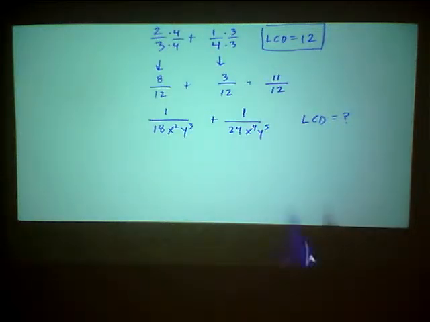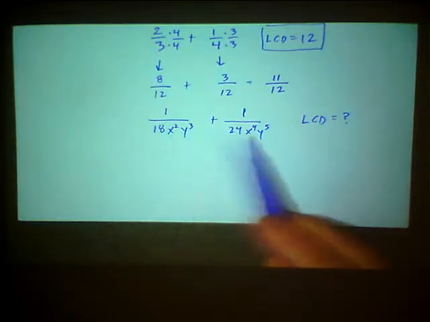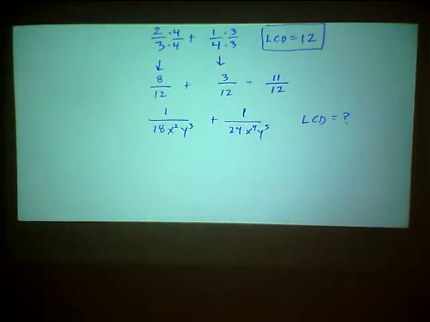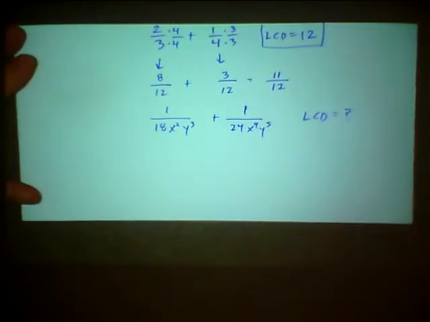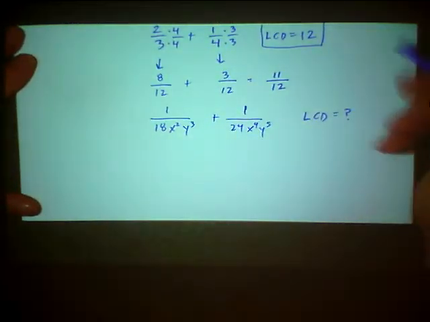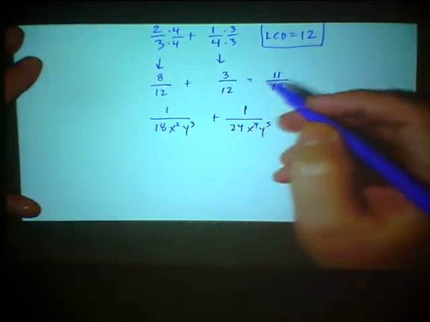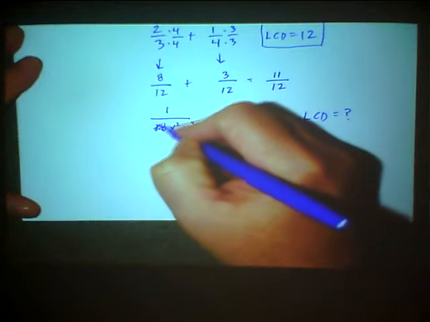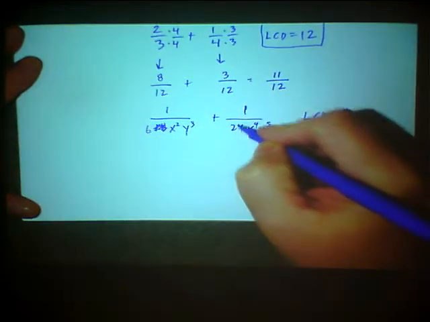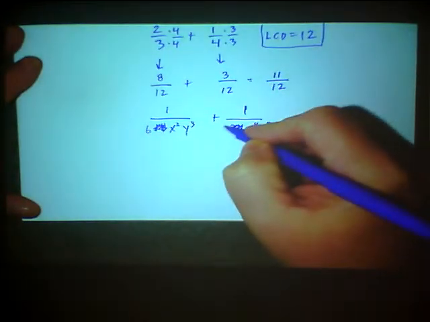And then I also have some variables, x's and y's. And actually, you know what? Just because I wrote this problem down, but because I'm trying to teach you the principle of it, I'm going to make this a little simpler, because the whole key is not to have difficult numbers.